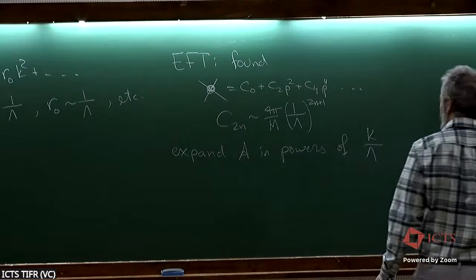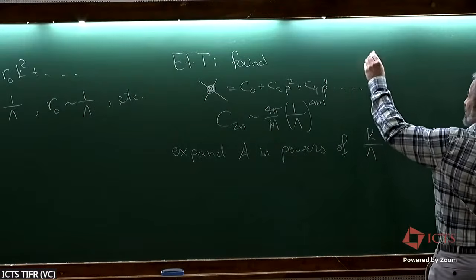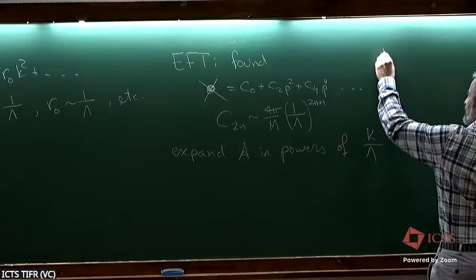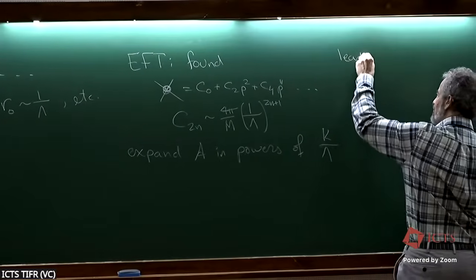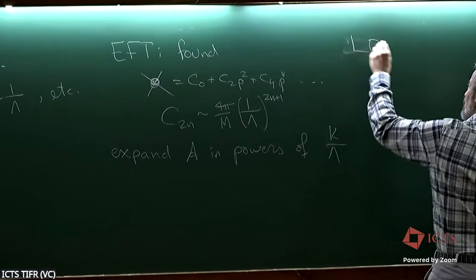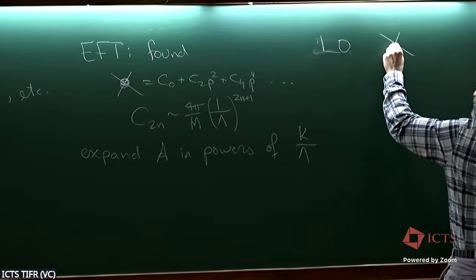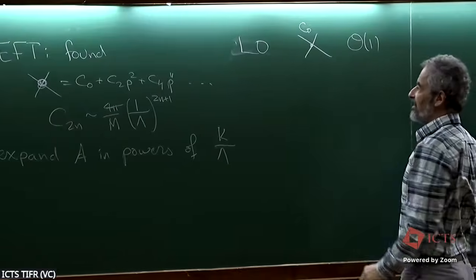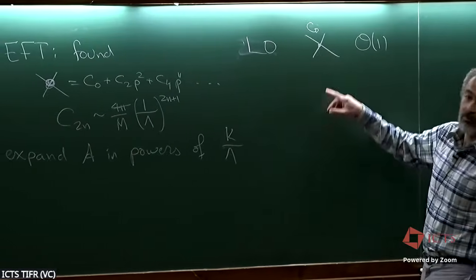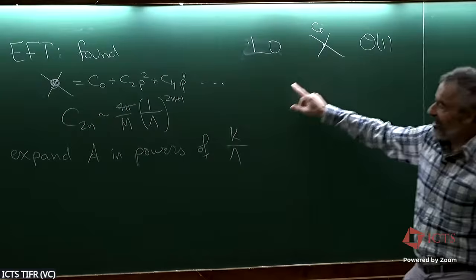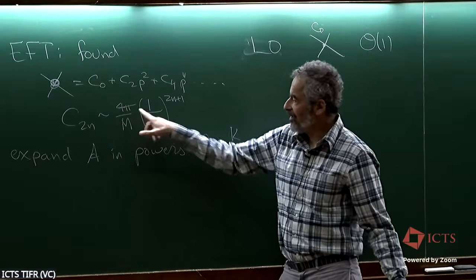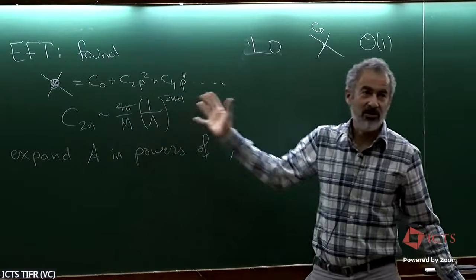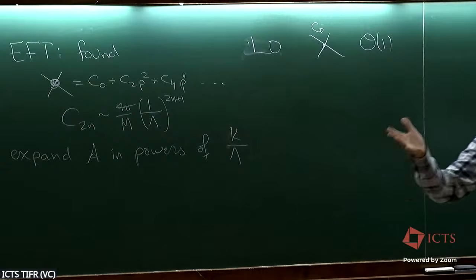And we know that at leading order, we just have this vertex here with a C0 in it, and this is order 1. That's because there's no momentum dependence coming from the tree graph, and C0 has no P's in it. None of the C's have any funny scaling.